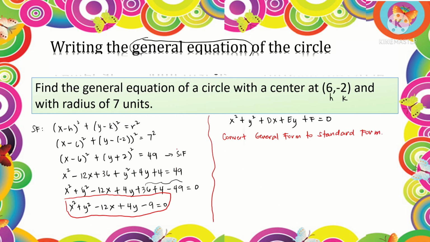Let's use this example: x squared plus y squared minus 12x plus 4y minus 9 is equal to 0. Just to check if this answer will lead to this standard form.